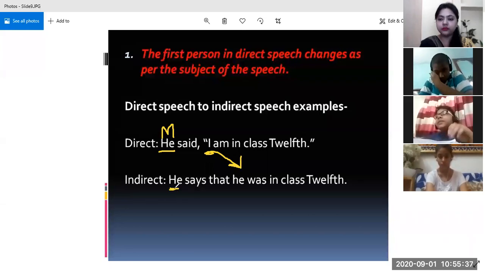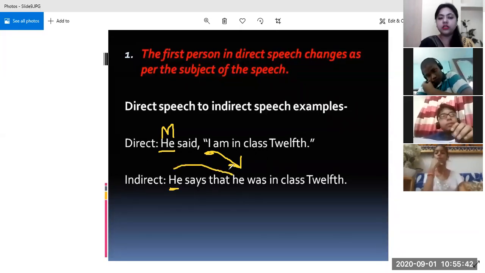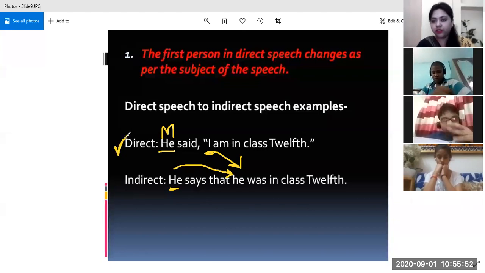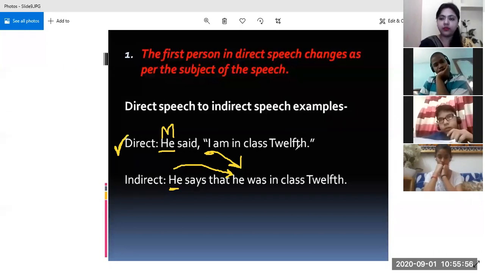So it is changing into he because he is talking about himself. When the sentence is written over here, I think you can bring out the meaning of the sentence. He said, I am in class 12. So he is telling about himself. When we are changing it into indirect speech, so what will come?